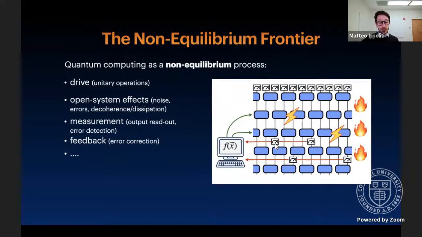So we have to take this information from the measurement that happens during the dynamics, process it in some way with classical computation of various types, and then potentially feed it forward into the future time evolution of the system, for instance, by controlling the sequence of unitary gates following this step. So this would give you quantum error correction capabilities, which are a goal for the future of these systems.